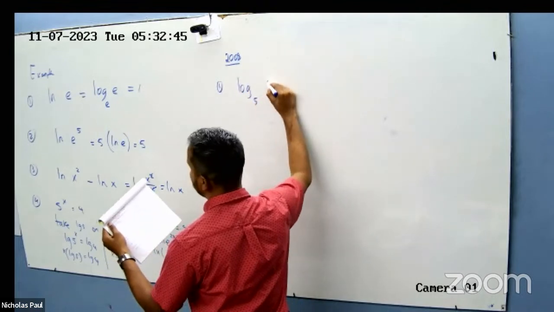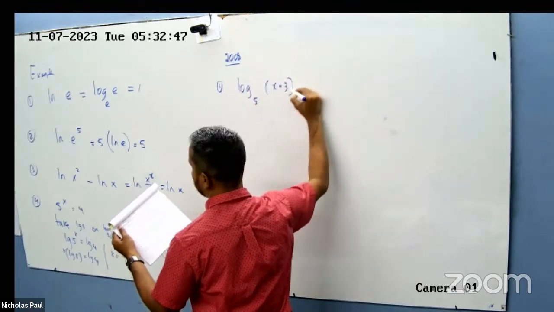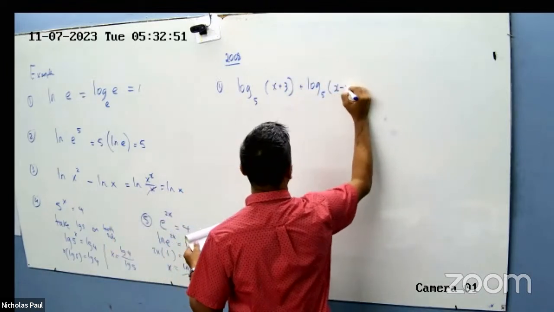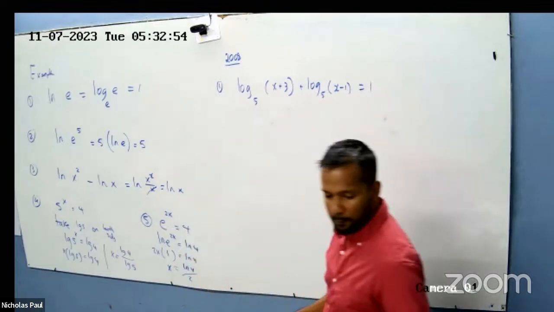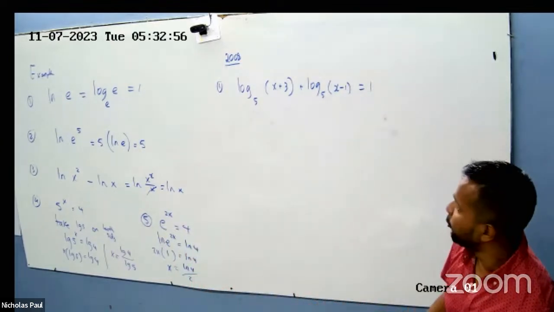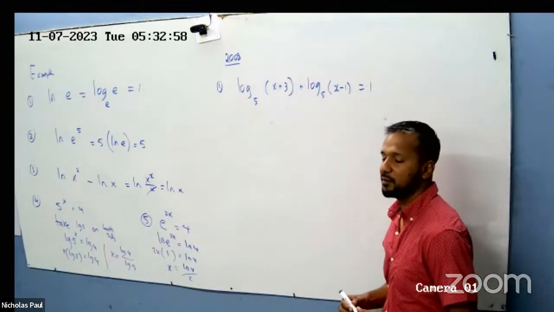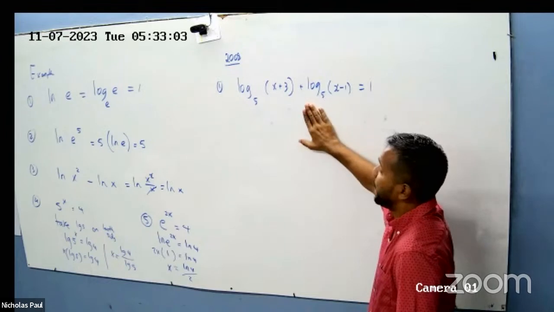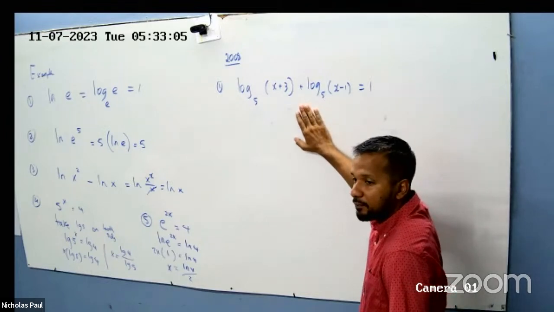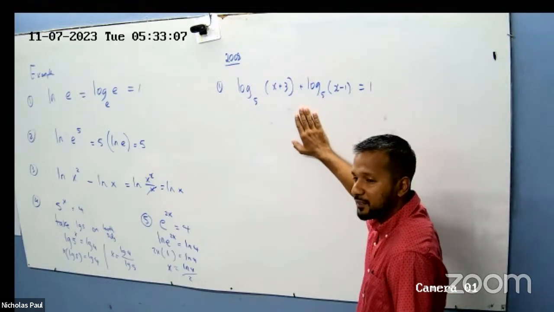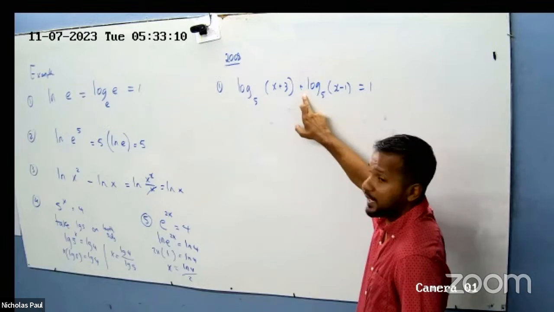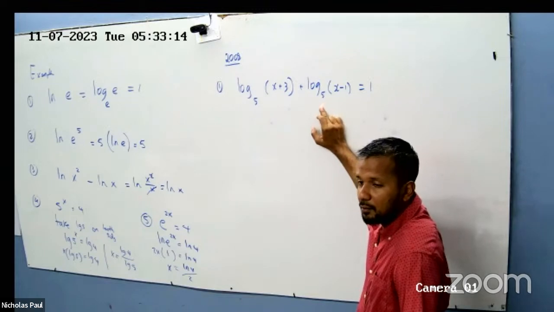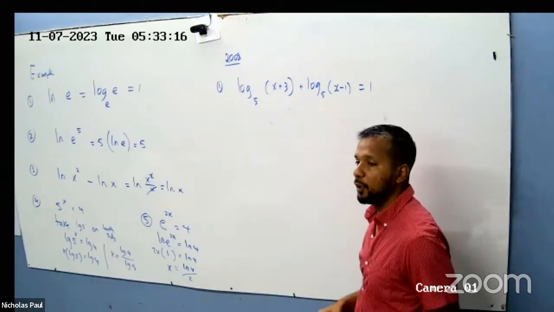Log to the base 5 of x plus 3 plus log to the base 5 of x minus 1 is 1. How are we going about this here? What's the first rule we can apply here? Addition sign. So what to do?